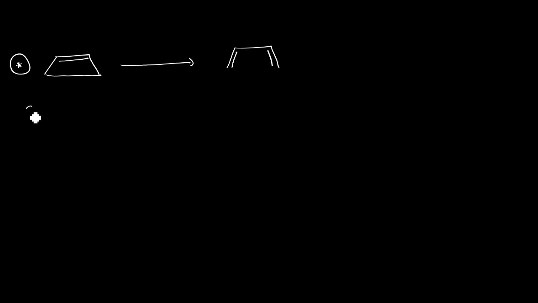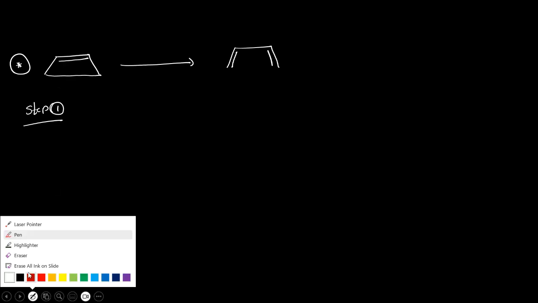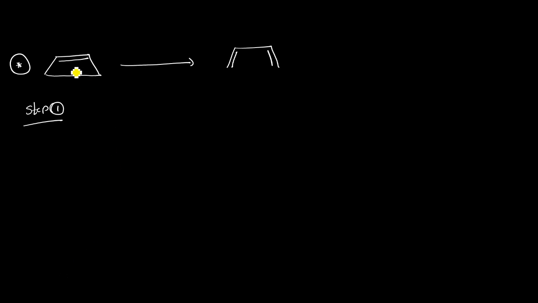Okay, so step number 1, you have to draw the orbital structure of the transition state, which means it's like this. If I draw the orbitals which are involved in the bond breaking and bond forming, you will see these pericyclic reactions are mostly based on the p orbitals and the sp2 orbitals.